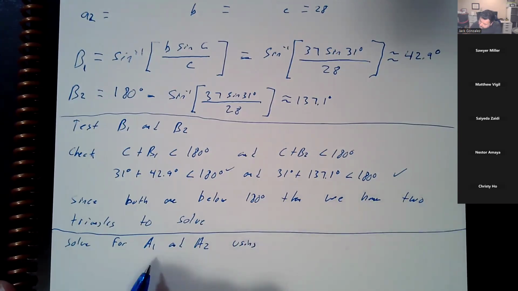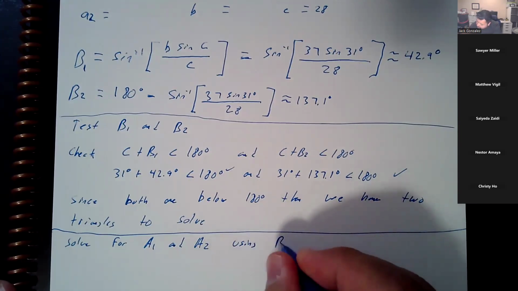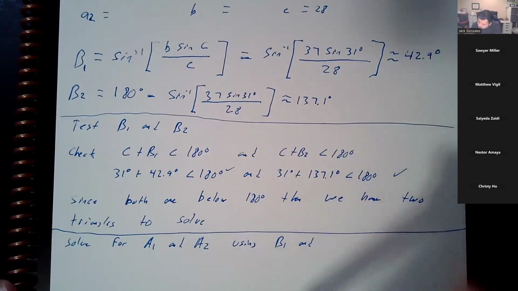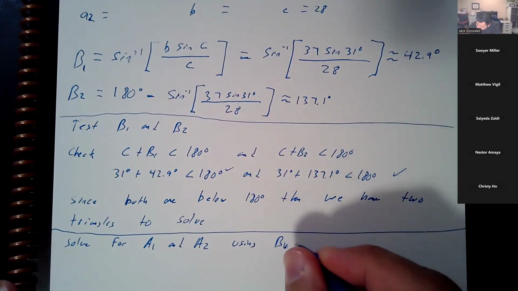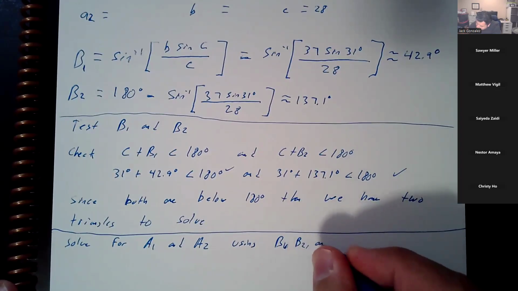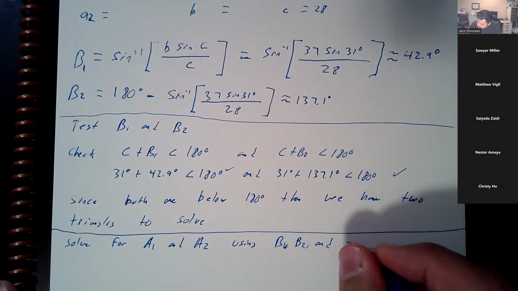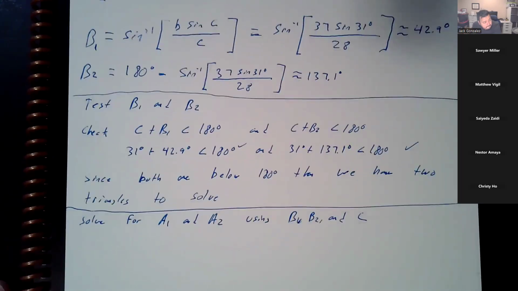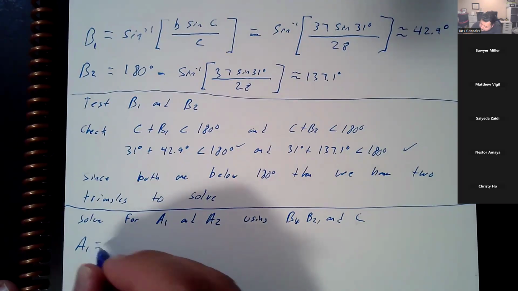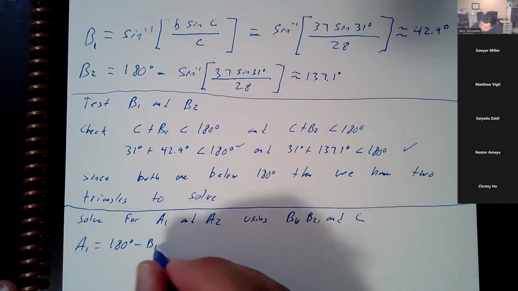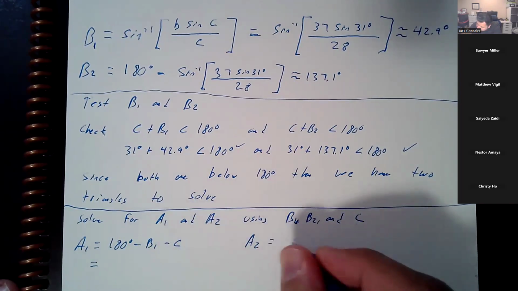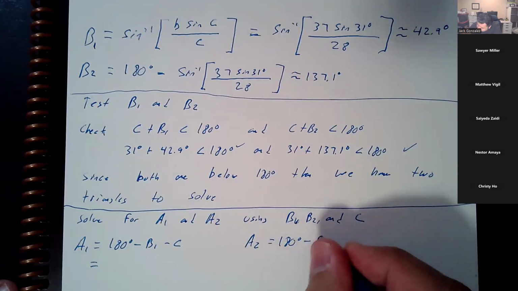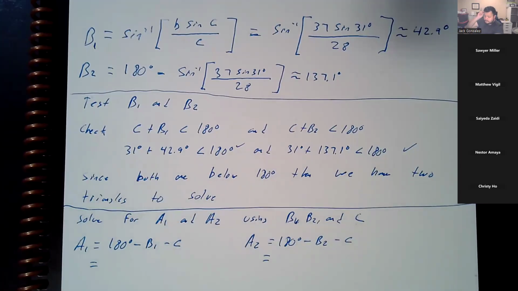All you've got to do is solve for A1 and A2 using B1, B2, and C. So A1 is equal to 180 minus B1 minus C. A2 is equal to 180 minus B2 minus C. So that's going to be what?